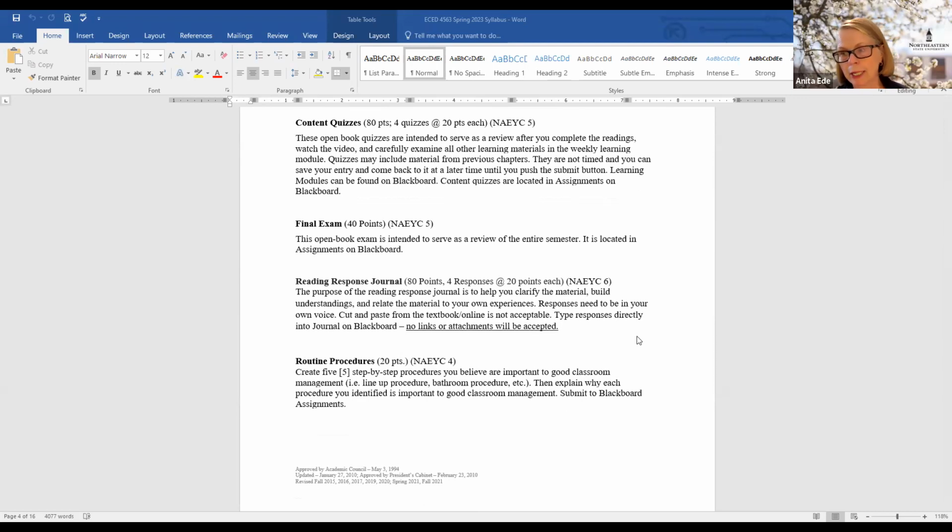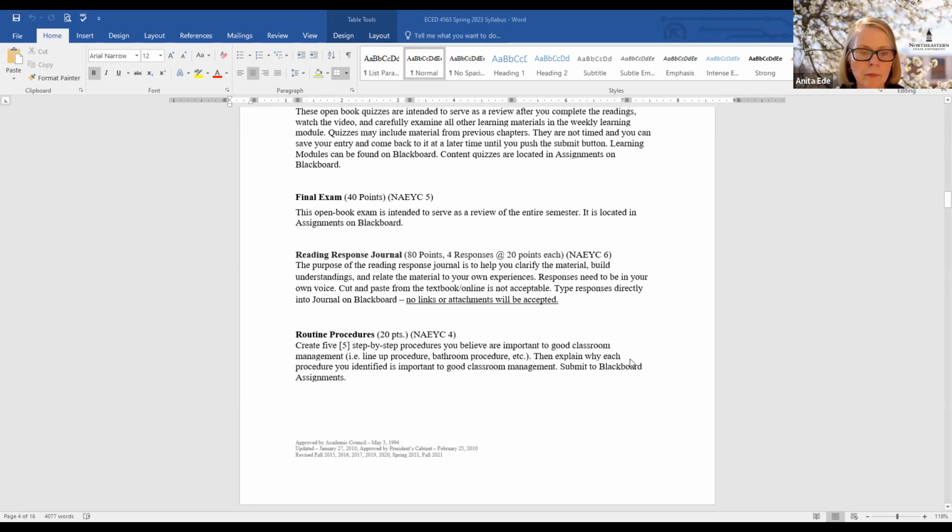Or you can cut and paste it from Microsoft, from wherever you're using. You can cut and paste it in. But no links or attachments are accepted. Please note, no links or attachments are accepted. If I get a link or attachment, if it's not in the reading journal, it's not going to be graded.